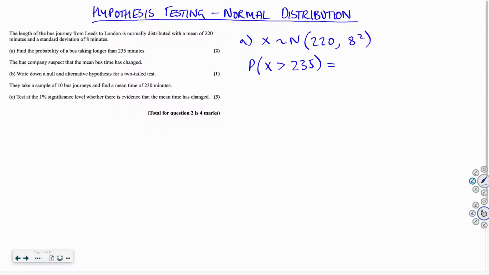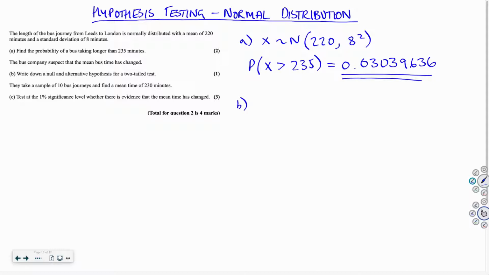So we're going to go into the statistics menu, normal and NCD, and we want greater than 235, so our lower is going to be 235, and our upper value just a very high value. Then our sigma is going to be 8 and our mean 220, and we get 0.03039636, and that's our answer for part A.